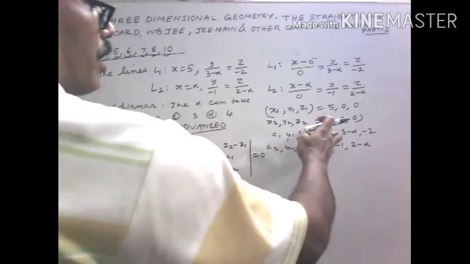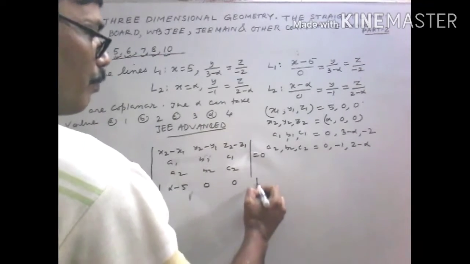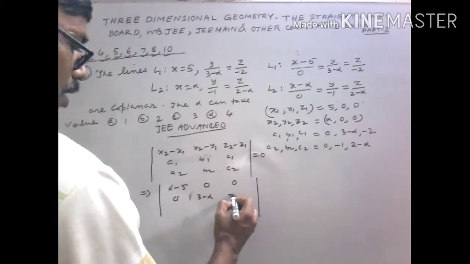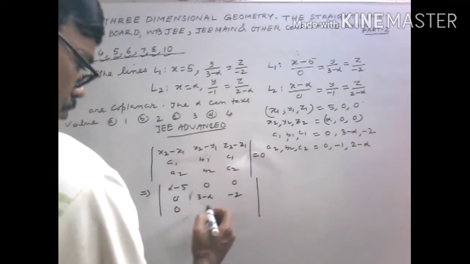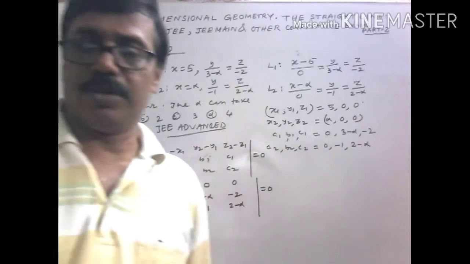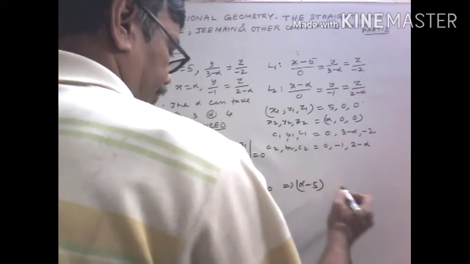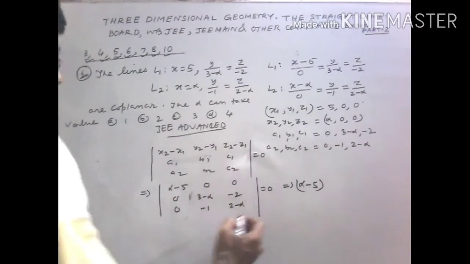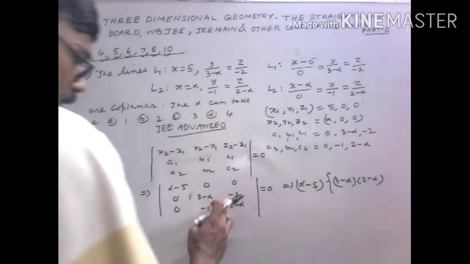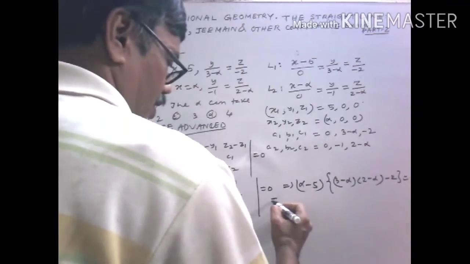Now putting the values, x2 minus x1: alpha minus 5, 0, 0; then 0, 3 minus alpha, minus 2; then 0, minus 1, 2 minus alpha equals 0. Now expanding, we get (alpha minus 5)[(3 minus alpha)(2 minus alpha) minus 2] equals 0.